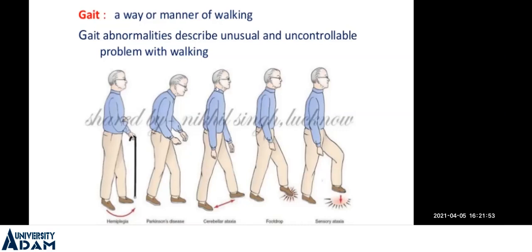Pay attention to how these patients come. There are differences, look at this, the distance between the legs of these two feet. It can happen in cerebellar ataxia, foot drop, or sensory ataxia. So, guys, about the gait, you will also study more in detail in the nervous system course.